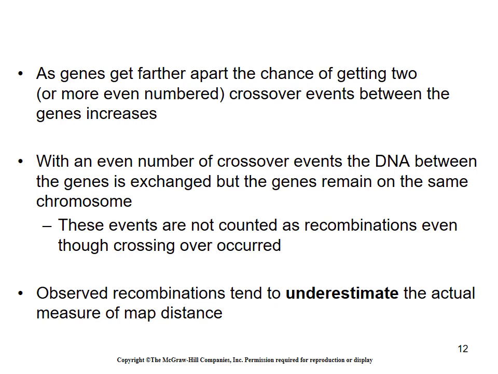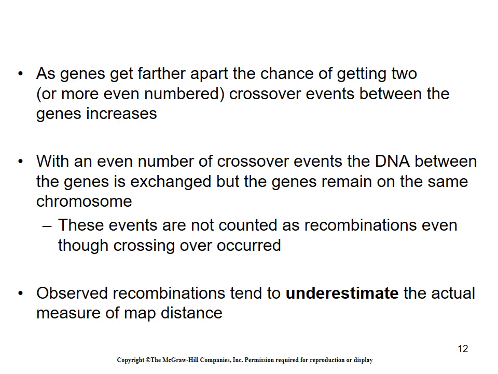And the reason for that is because the crossing over occurred in an even number, allowing the genes to reset back to their original location. So what I'm trying to say in a very long-winded explanation is that when you do your genetic mapping, usually we tend to underestimate the actual distance of the frequency and the actual map distance.